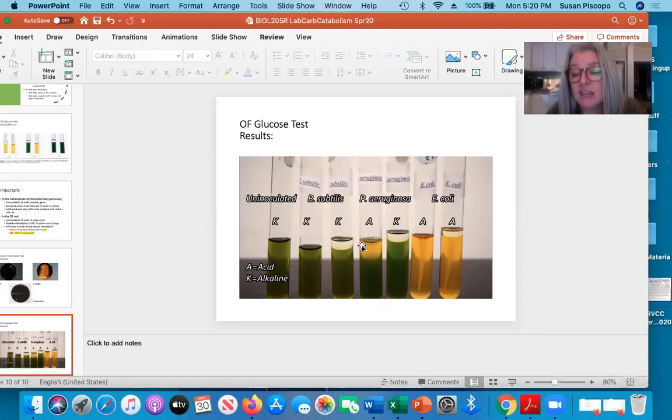And what you're seeing in this tube is cellular respiration is going on in here. But because it's an aerobic cellular respiration, you're only going to see the acid production, you're only going to see the yellow color, to the depth that the oxygen can penetrate the media.